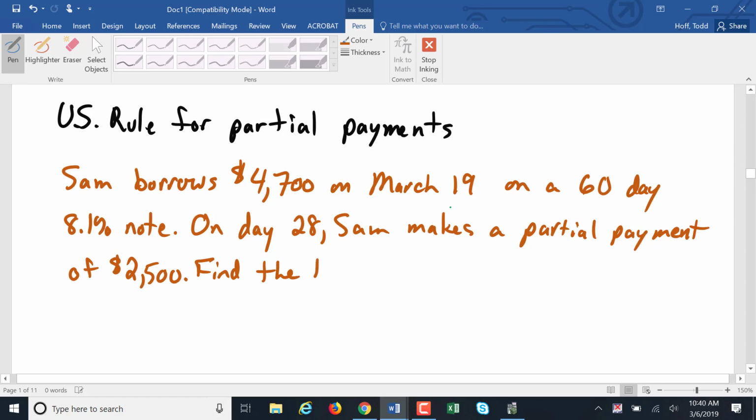Find the balance due at maturity at the end. And I also want to find the total interest paid.